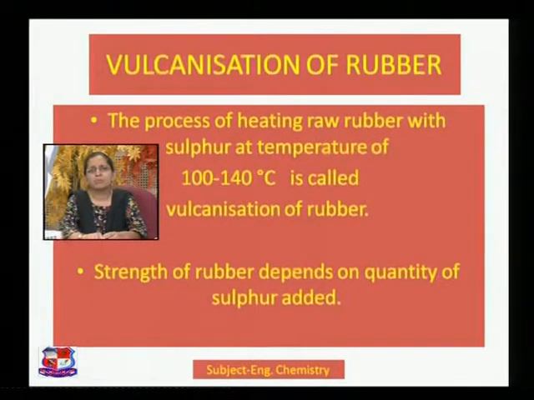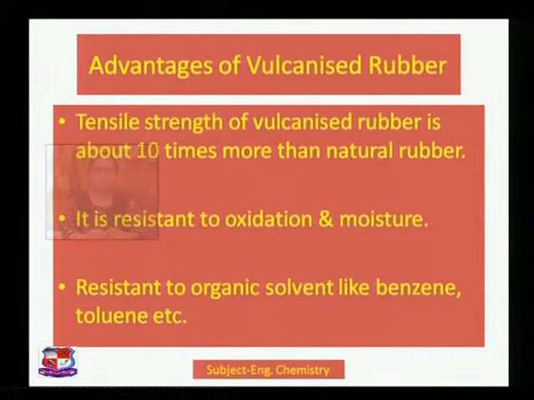Strength of the rubber depends on the quantity of sulfur added. It means how much sulfur you add is going to give the strength to the rubber. If you add more sulfur, your rubber will be much stronger. If you add less sulfur, the rubber properties are modified accordingly.